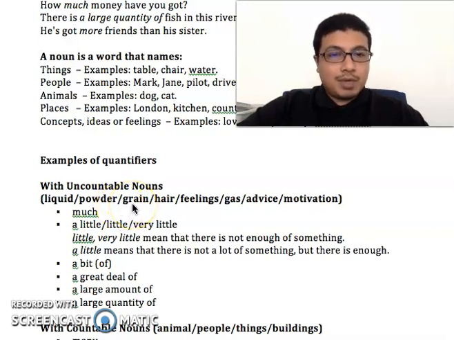Rice is a type of grain, cereal. Those are uncountable because they cannot be counted. It is impossible for you to count the grains of rice. Powder, for example, yes, you can scale, but you cannot count. So how many powder do you have in the bottle of talcum powder?